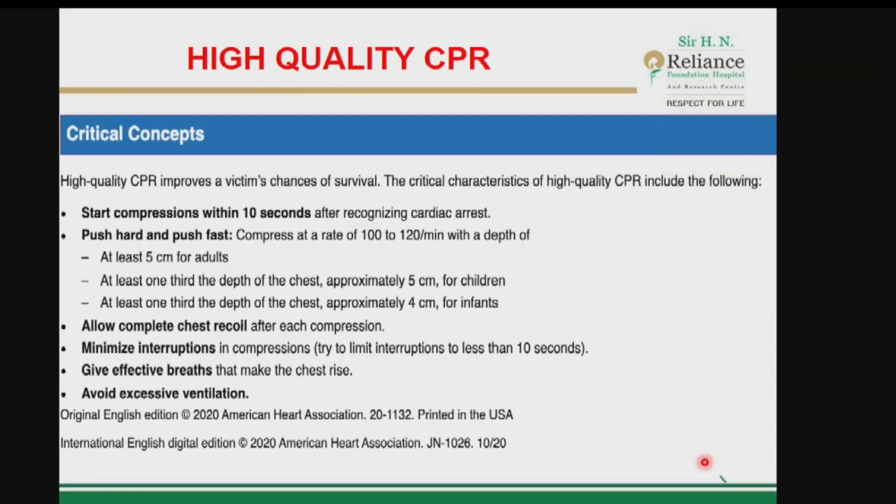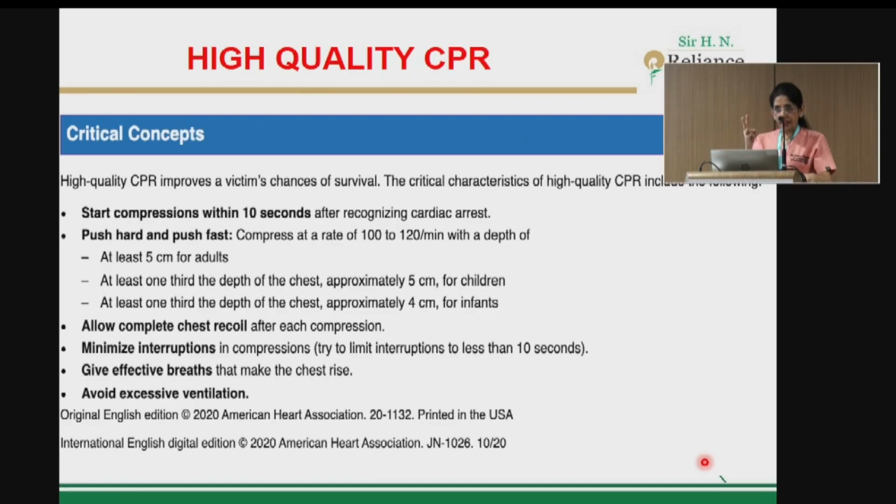The quality of the CPR has to be very, very effective. As we discussed earlier, give 5 cycles of 30:2. The compression has to be high quality compression. Push hard, push fast, 100 to 120 per minute, and it should be 5 centimeters in adults and 4 centimeters in infants.